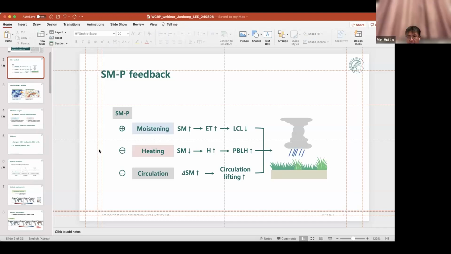And even with explicit convection, there is still a condition where surface moistening leads to precipitation. But in the coarse resolution with convective parameterization, no matter what the atmospheric profile is, or the surface heating or moistening, the model just triggers the convection with the evapotranspiration. That's why it shows a very positive result.